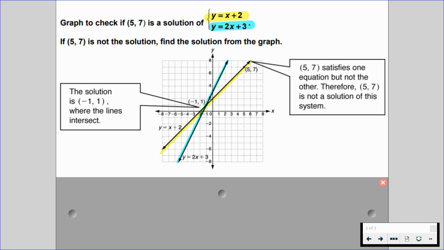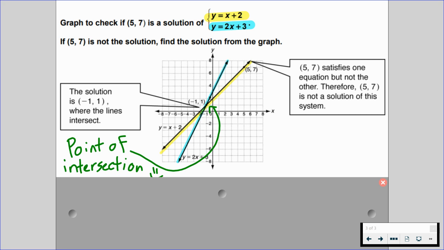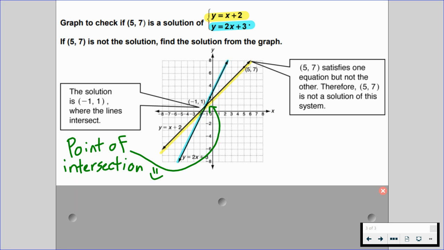And we call that point the point of intersection. Let's jot that down real quick before we move on. We're going to call that the point of intersection. Let's do that in green. So right here, we call that the point of intersection. And a smiley face, because why not?